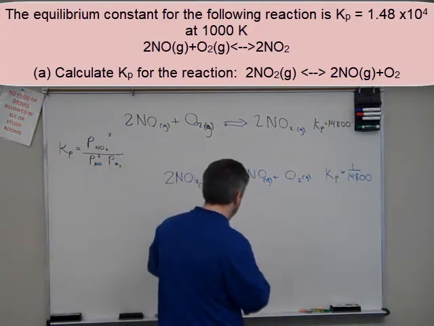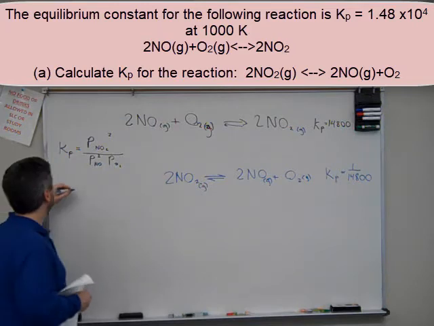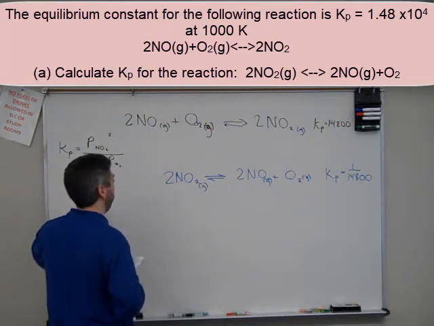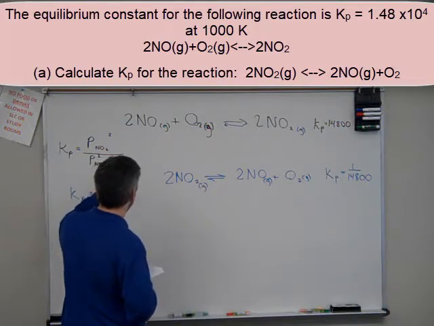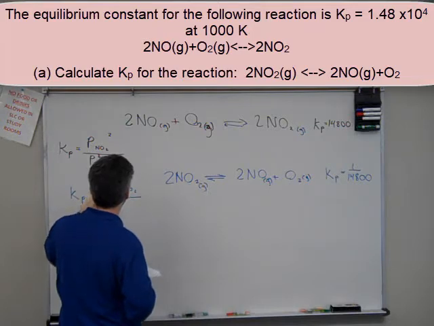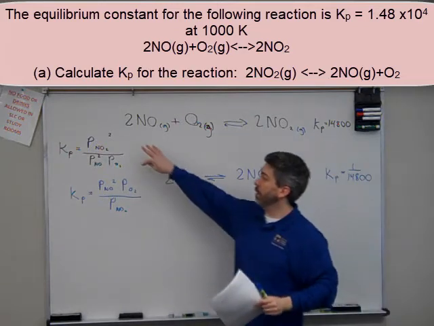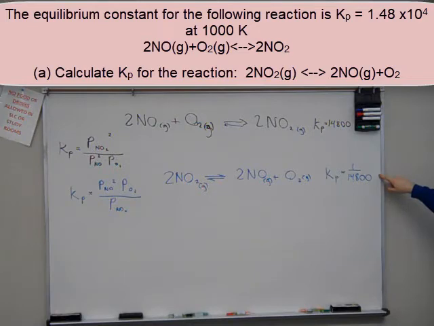For the second equation, Kp is equal to the pressure of NO squared times the pressure of O2 over P NO2. Since these two expressions are the inverses of one another, it makes sense that you would take the inverse of the value of the first one to get the second one.